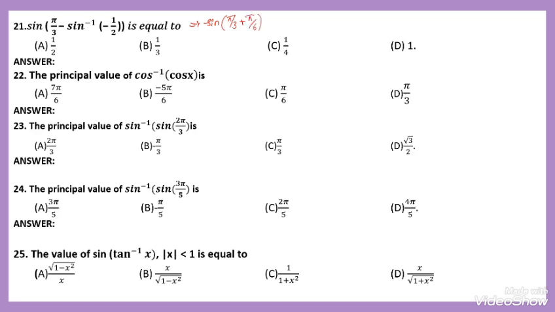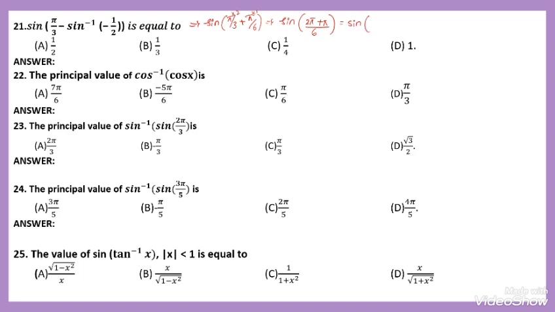Now the bases are different, so I can take the LCM. Sine function is outside. While taking the LCM, I will multiply 2 here and 1 there because the LCM is 6. 2 into pi, 2 pi plus pi into 1, pi. 2 pi plus pi, 3 pi.